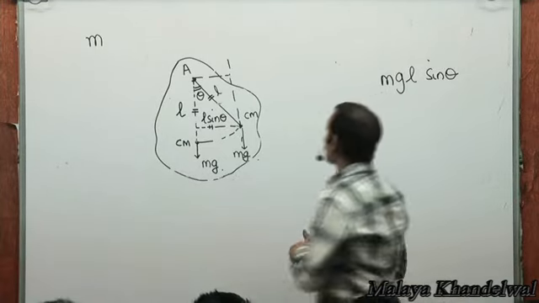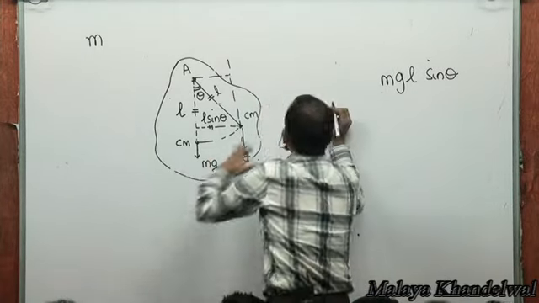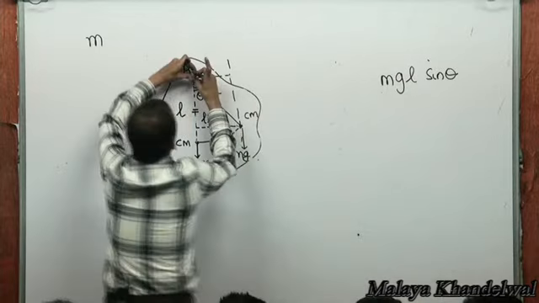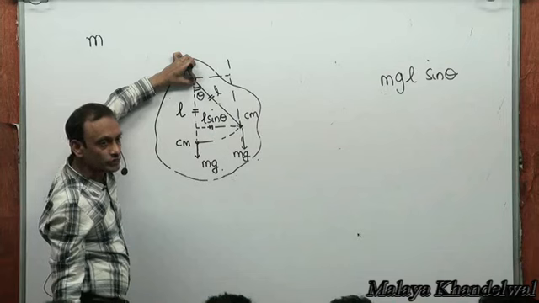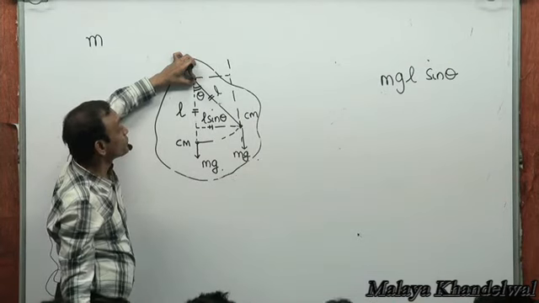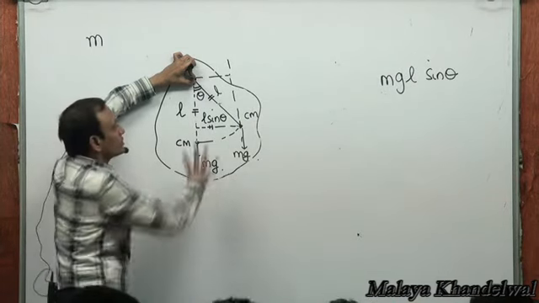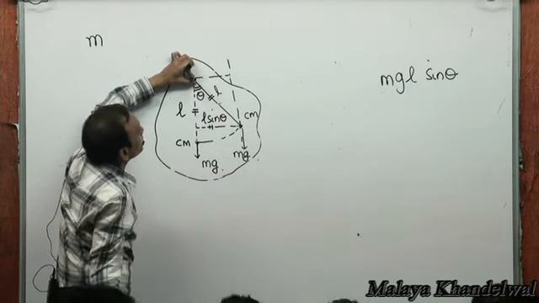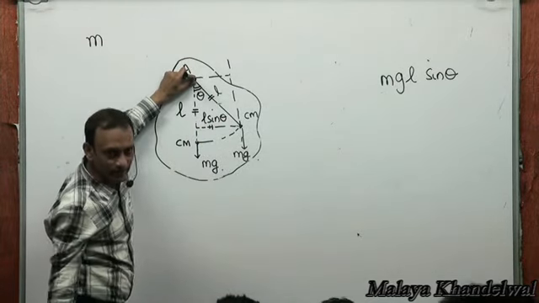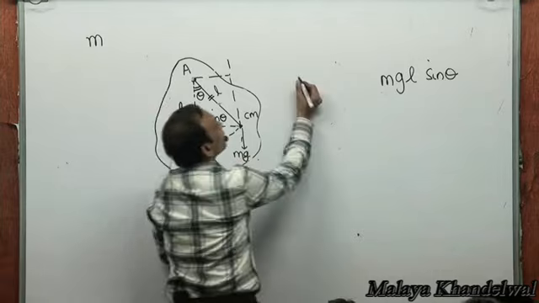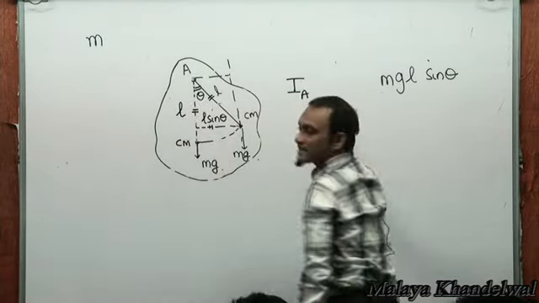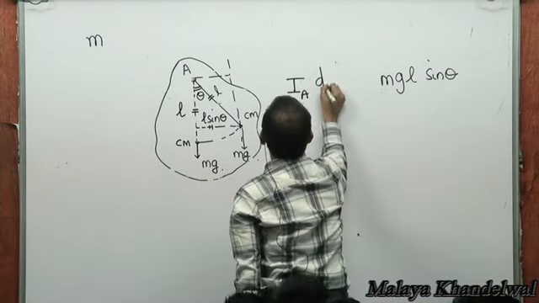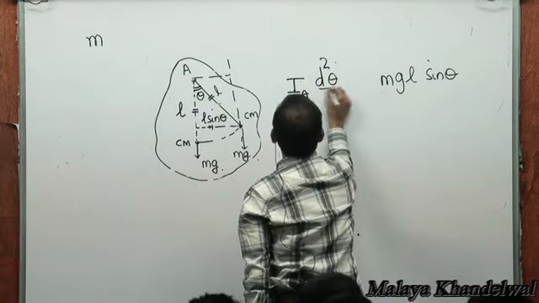It is clockwise in sense. Now the torque is also given by the moment of inertia of this rigid body about an axis passing through A and perpendicular to the plane, right? This is the axis of rotation. This rigid body would be in a state of pure rotation with an axis of rotation passing through A. Yes or no? So torque about A is given by I about A into d2 theta dt2, like before.